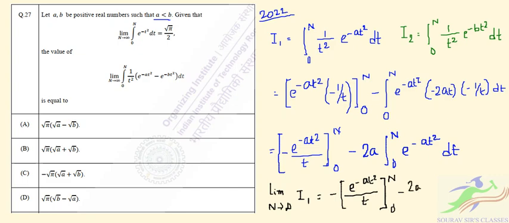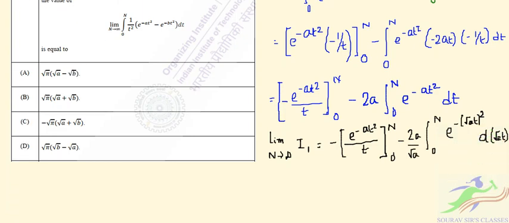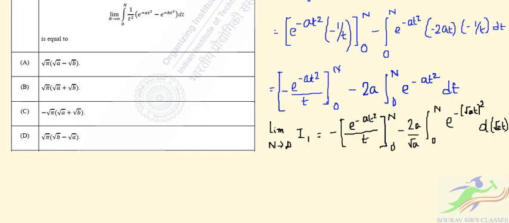And we can write it in this way: 2a times the integral from 0 to n of e to the power minus root a t, squared. If we put root a t, we will put another root a over here, right? So after simplifying it, if you consider root a t equal to capital T, it will be minus capital T square, right?